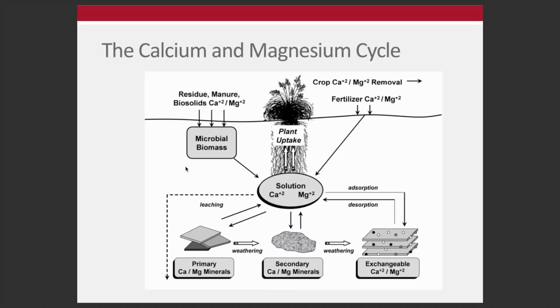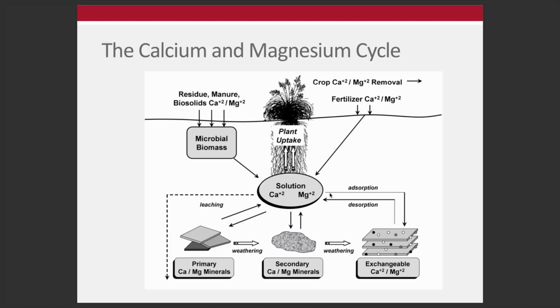Here's our calcium-magnesium cycle. Even the Havlin textbook lumps these together because these nutrients behave very similarly. And so we have residue, manure, biosolids going into this organic form that might feed into the solution, fertilizer, lime, etc. There's plant uptake. There's leaching that occurs of cations.